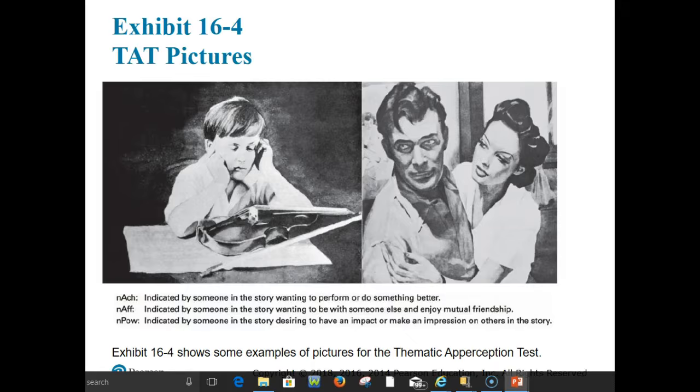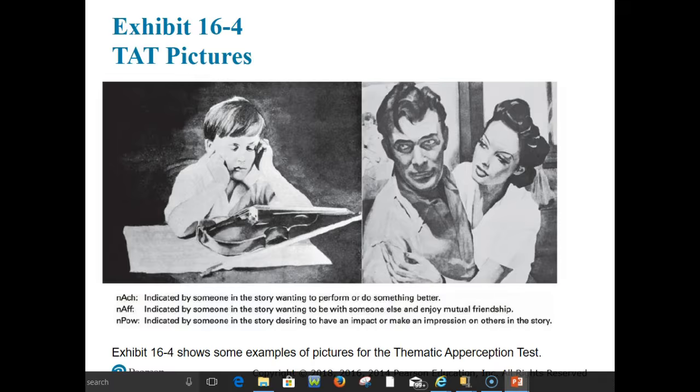And remember, trained interpreters then determine the individual's level of NACH, NPOW, and NAFF from the stories written. Now, as you see here in the illustration, the NACH is indicated by someone in the story wanting to perform or do something better.